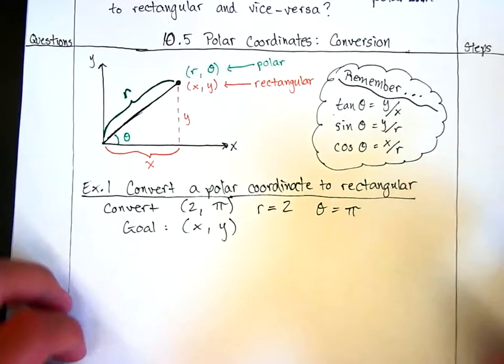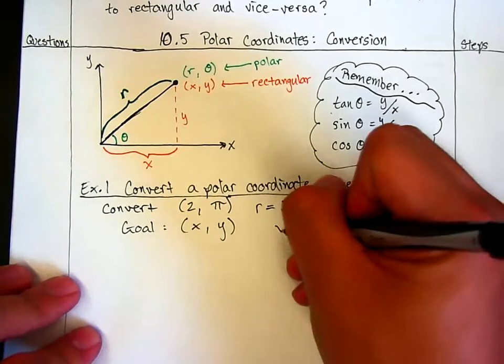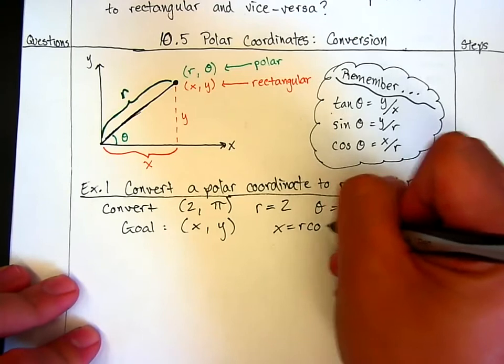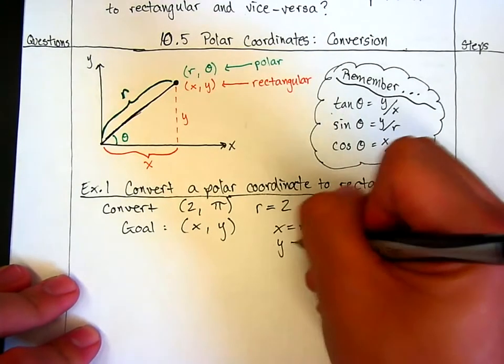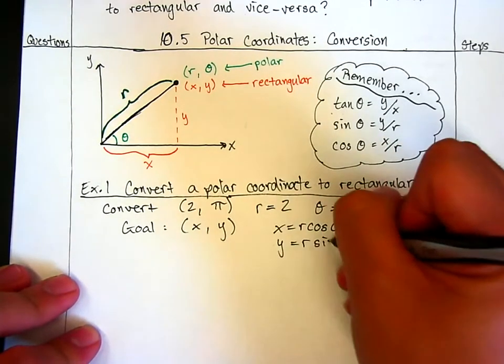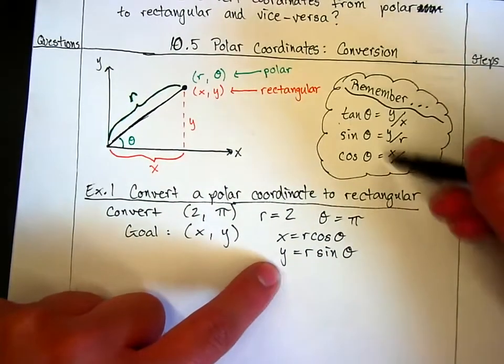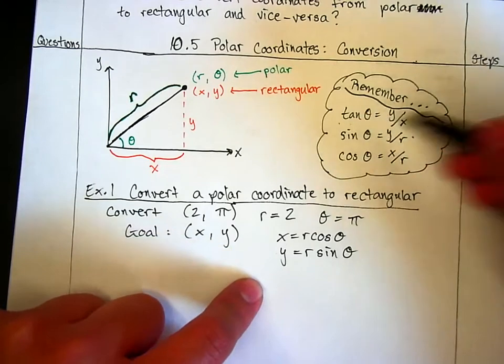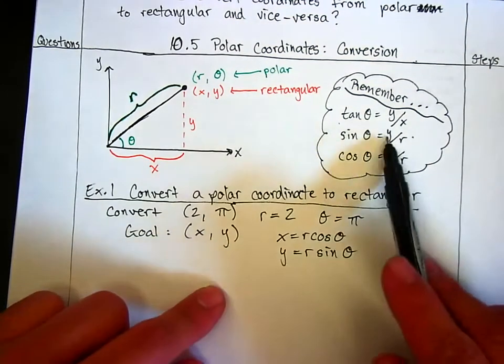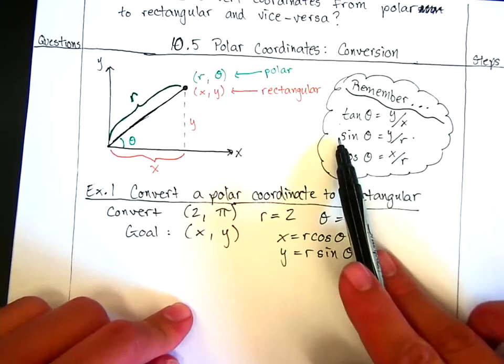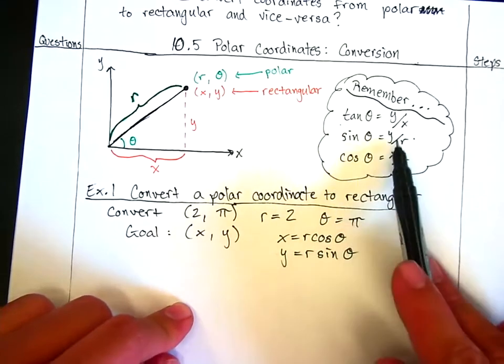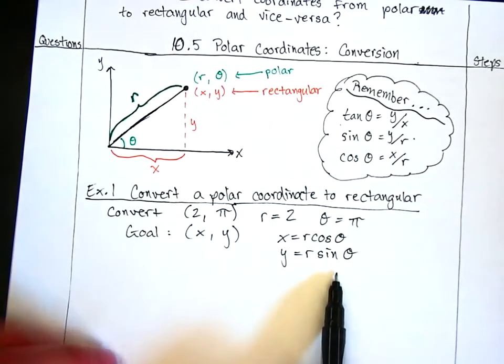The way I'm going to do that is using the idea that x is equal to r cosine theta and y is equal to r sine theta. That relationship is gained from over here, where we multiply r to both sides in order to solve for y and x. If I multiply r to both sides here, I get r sine theta equals y, and that's how I have this part right here.